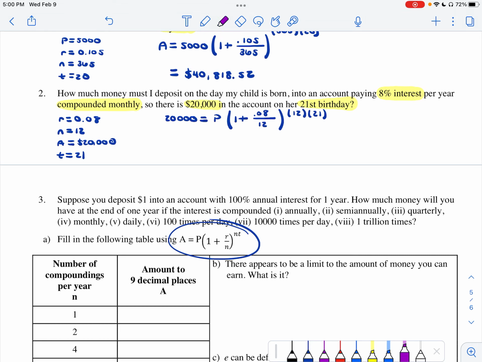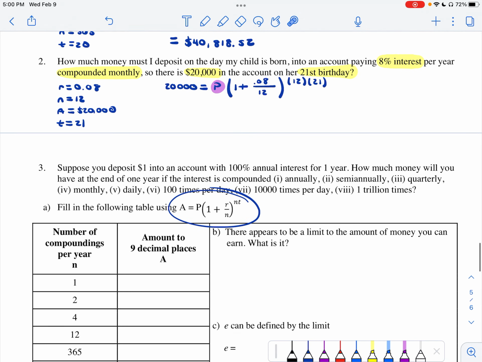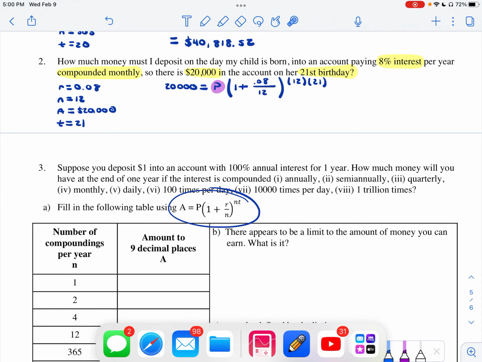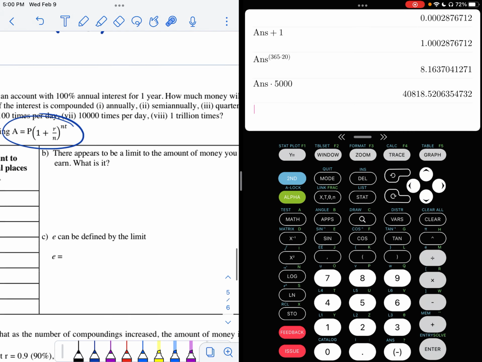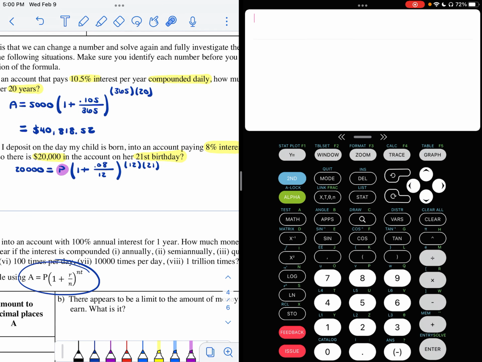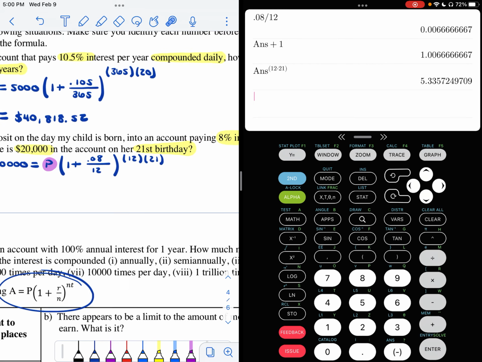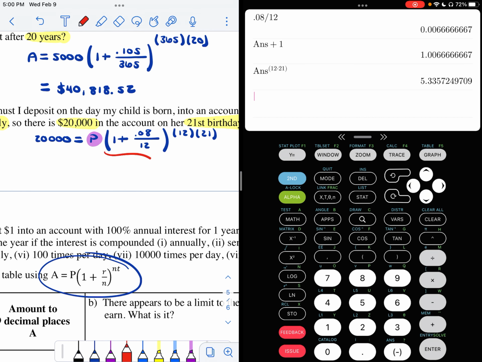Okay, so this time our goal is to solve for P. I'm again going to start with this piece right here, and let's plug that into our calculators. I'm going to again start with the fraction, so 0.08 divided by 12, hit enter. Then I'm going to do plus 1, enter, caret, parentheses, 12 times 21, end parentheses.